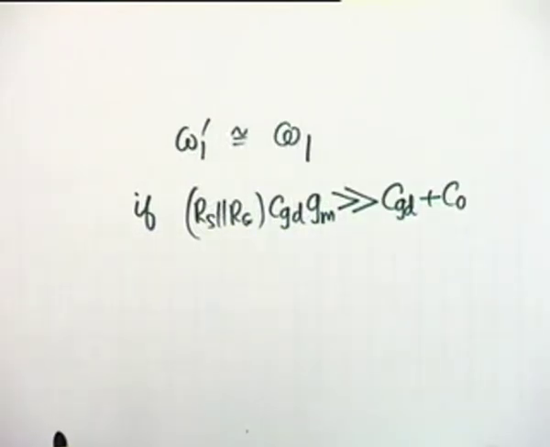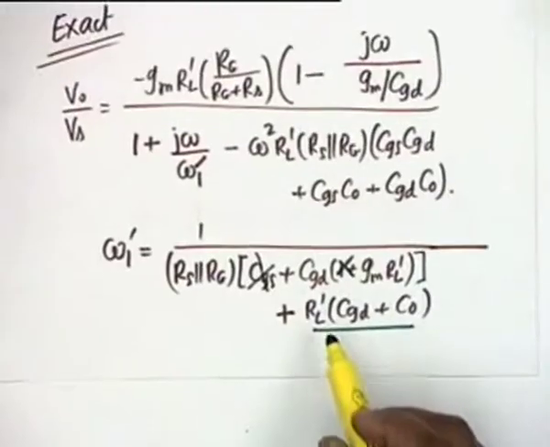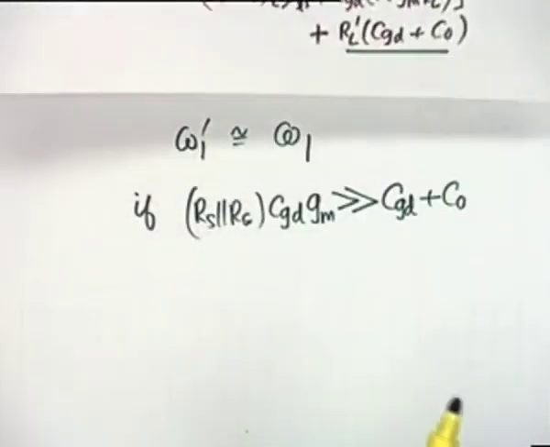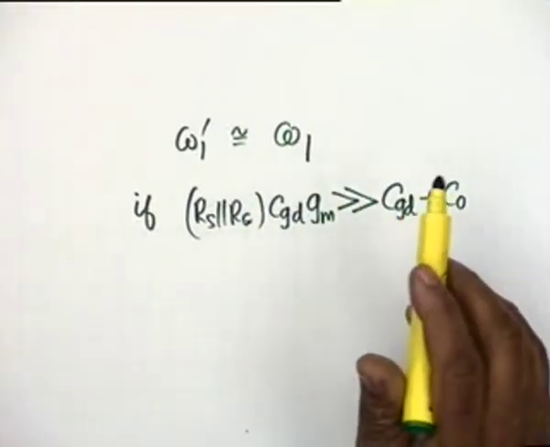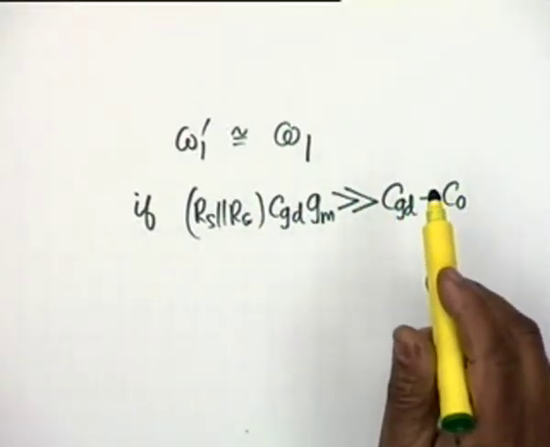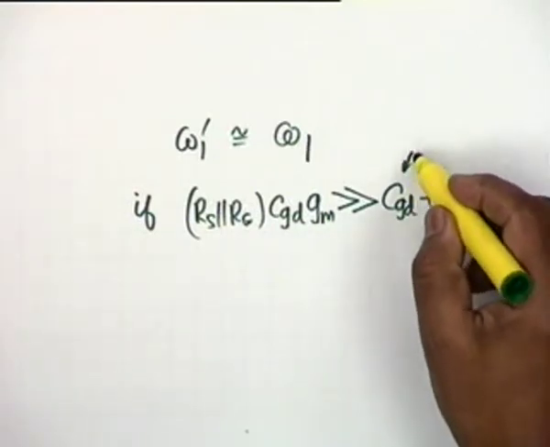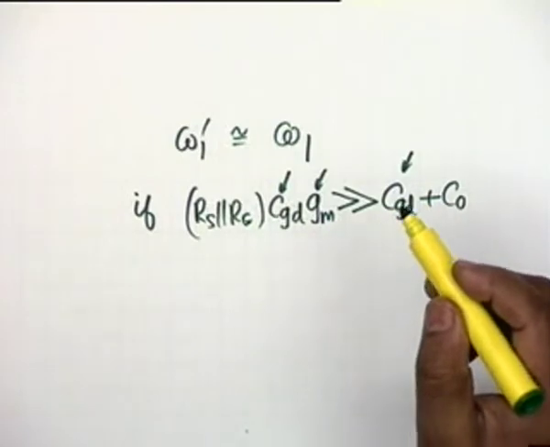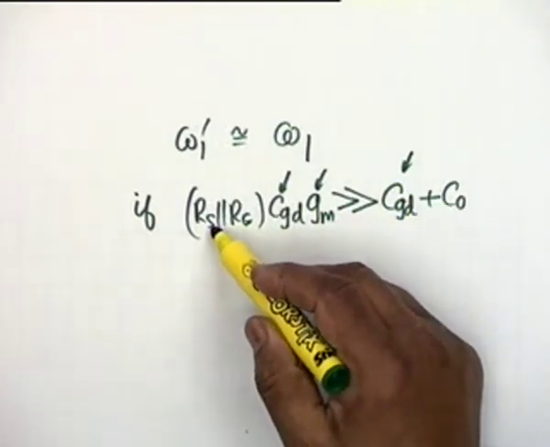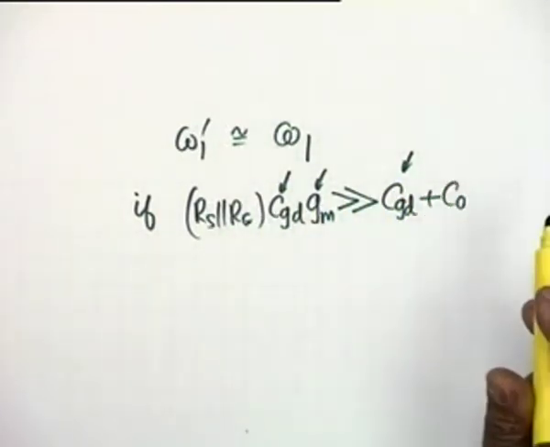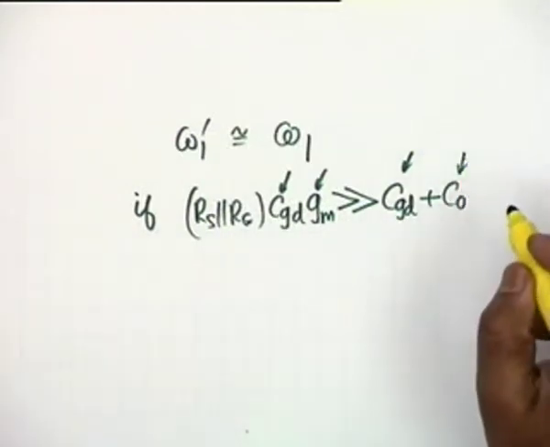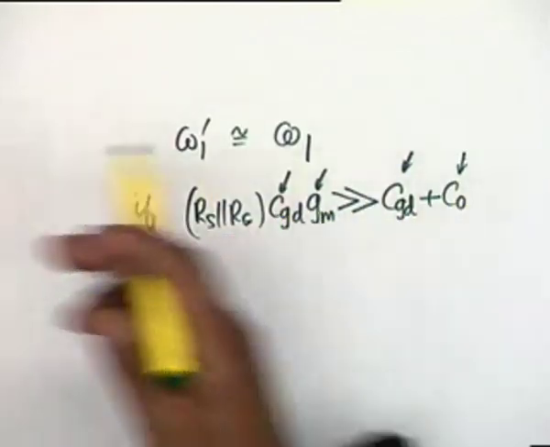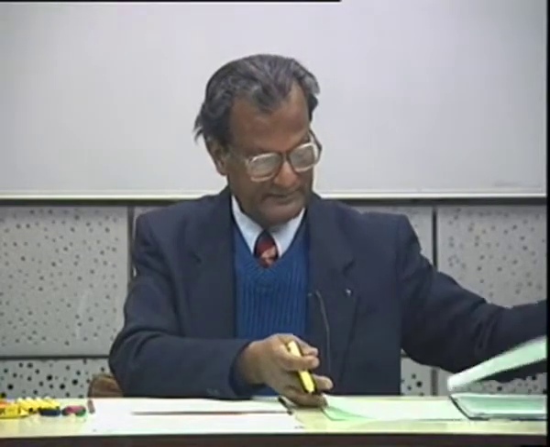There is an RL prime here, there is an RL prime here, so we have crossed that out. We wanted to find out independent of RL prime. You see, all that it involves is the internal parameters of the transistor, the JFET, the external resistors RS, R1 and R2 and the stray capacitance C0. Under this condition omega 1 prime would be equal to omega 1.